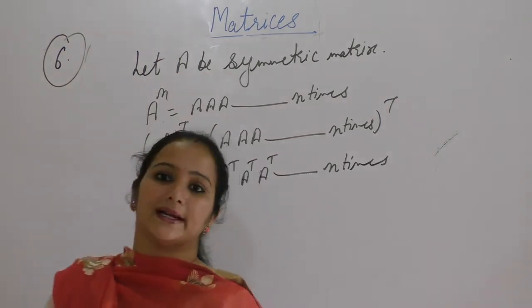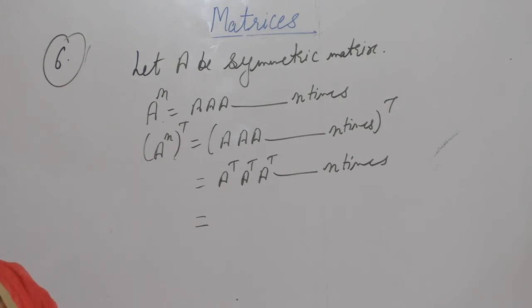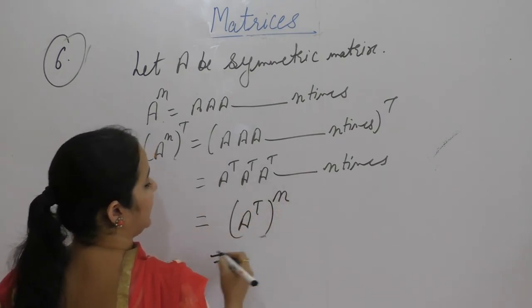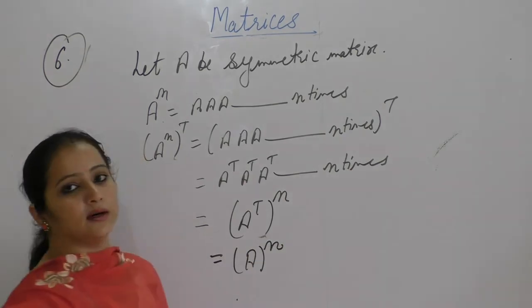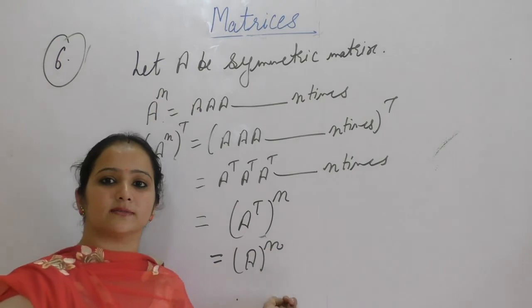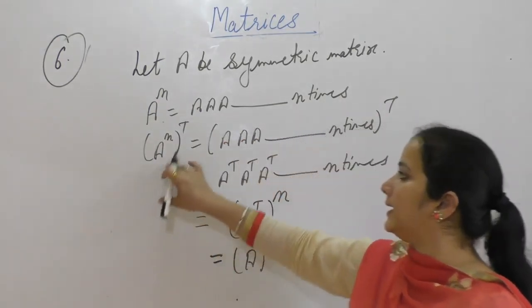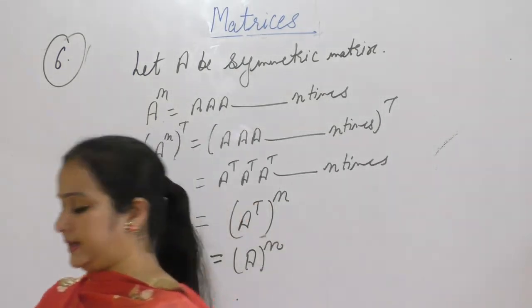Since A is a symmetric matrix, A transpose is equal to A. Or we can write it as A transpose to the power n. A is symmetric, so A transpose is A, power n. So all integral powers of this matrix will be symmetric. A^n transpose is equal to A^n. Therefore, it is a symmetric matrix.